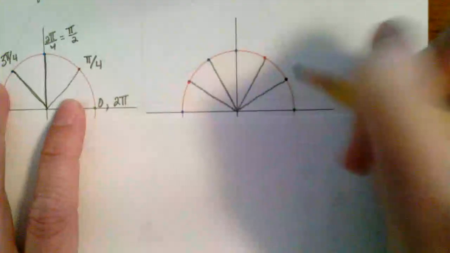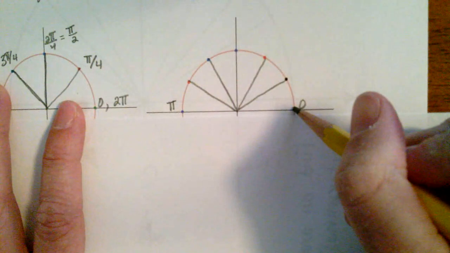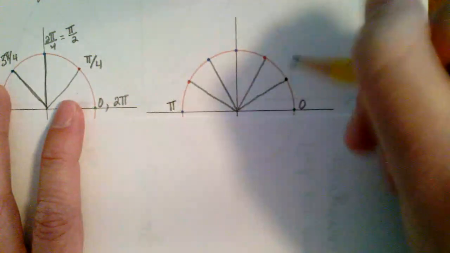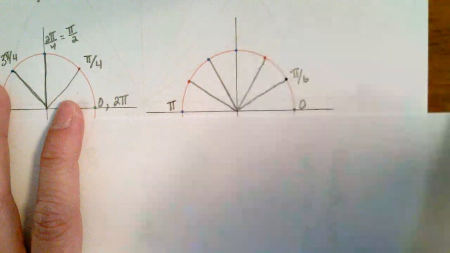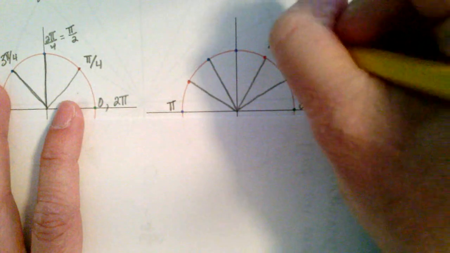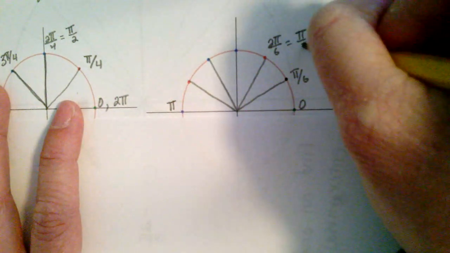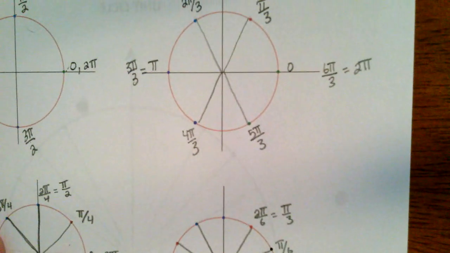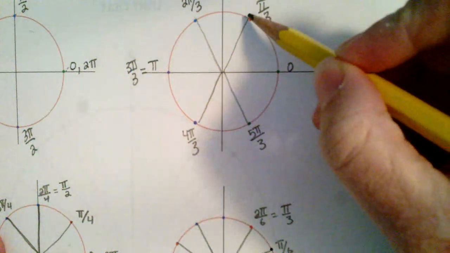So if this is 0 and this is pi radians, so 0 radians and pi radians, this is pi divided by 6. This is 2 pi divided by 6, which is pi over 3. Okay, really quickly, if you compare to above, you'll see that those pi over 3 radians are in the same position.